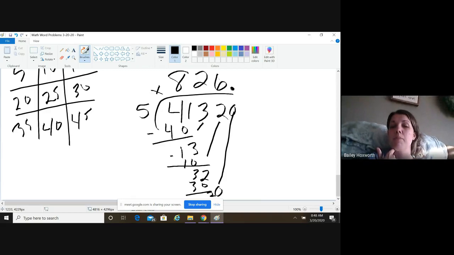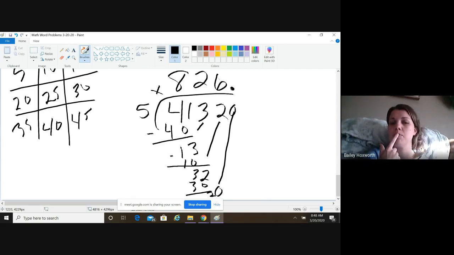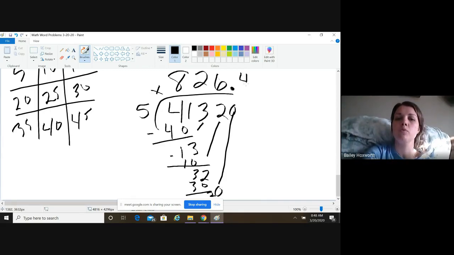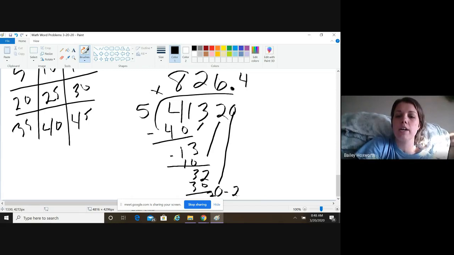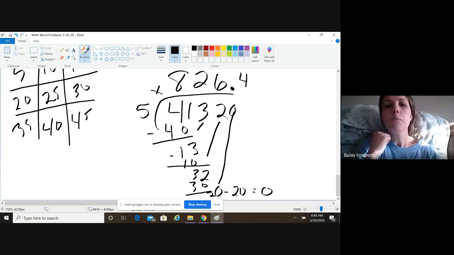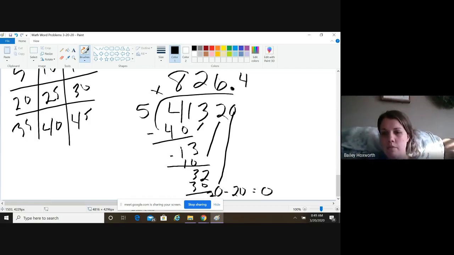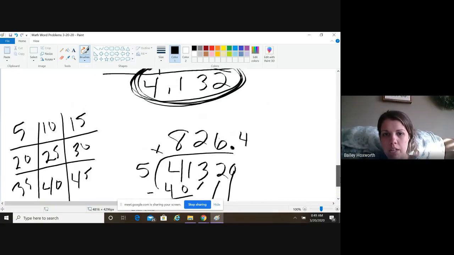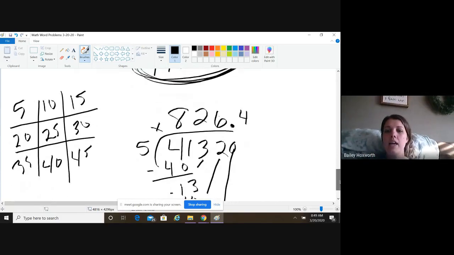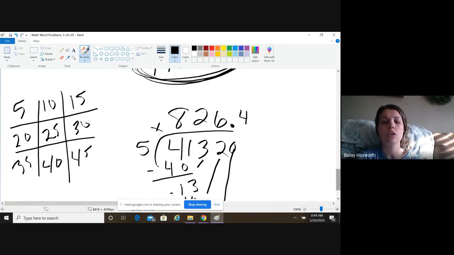20 can be divided by 5 how many times? 4. Beautiful. And 4 times 5 is 20. And when I subtract, I have 0. So now I have no remainder. But let's look at this answer. It's saying how much money is each person going to get. Well, I'm not going to be like, hey, Crystal, you get $826.04. Is that 4 cents right there?